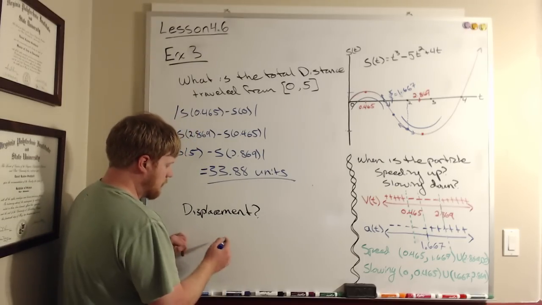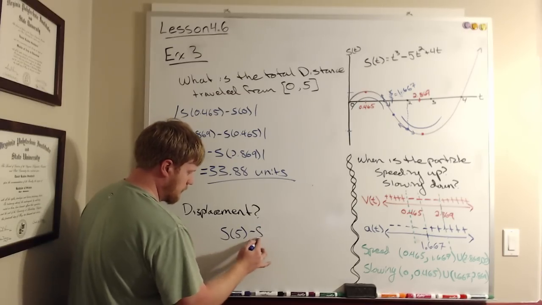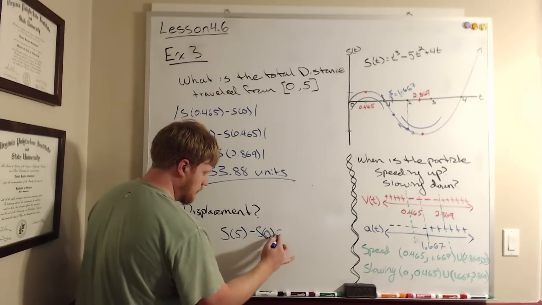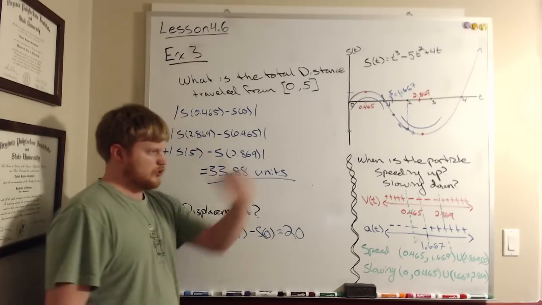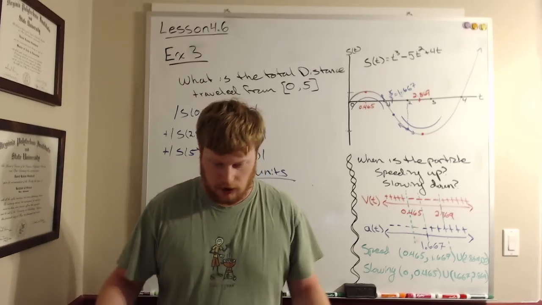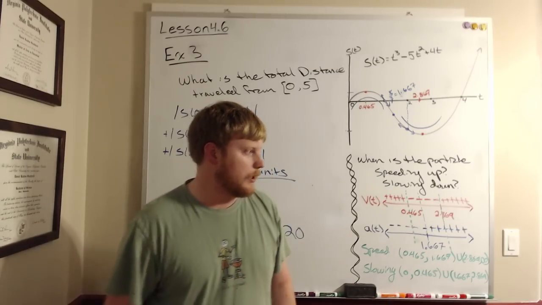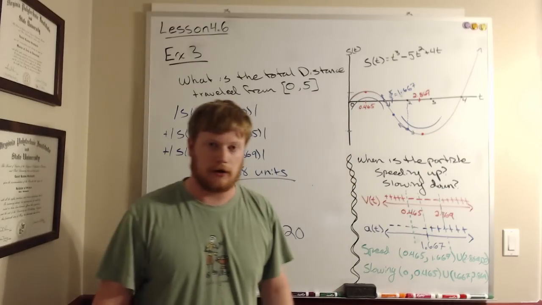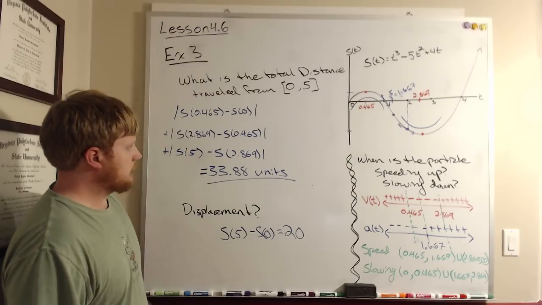So my displacement is just the end minus the start. And in this case, it's 20. And it's 20 in the positive direction. So I started here, I went that way a little, I came back, and then I shot back that way, and I ended up 20 units from where I started. Okay? So distance versus displacement.